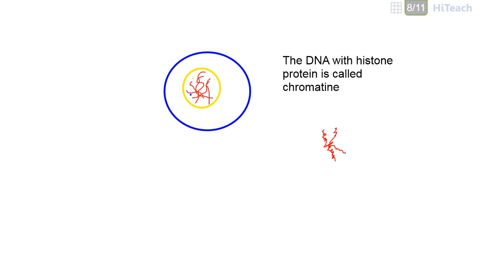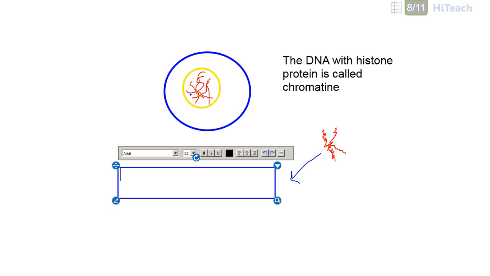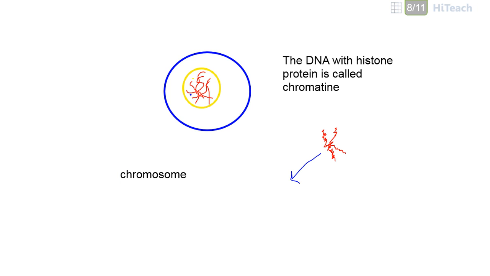I'll call it a chromosome. Now this one is called what? A chromosome. So the chromosome, these two, the X-like structure as you see. This is the first copy at the beginning.